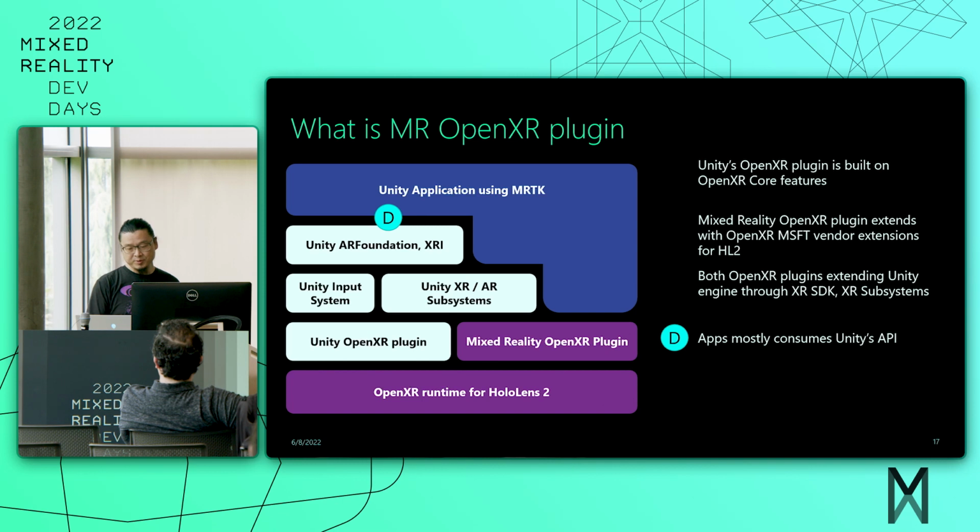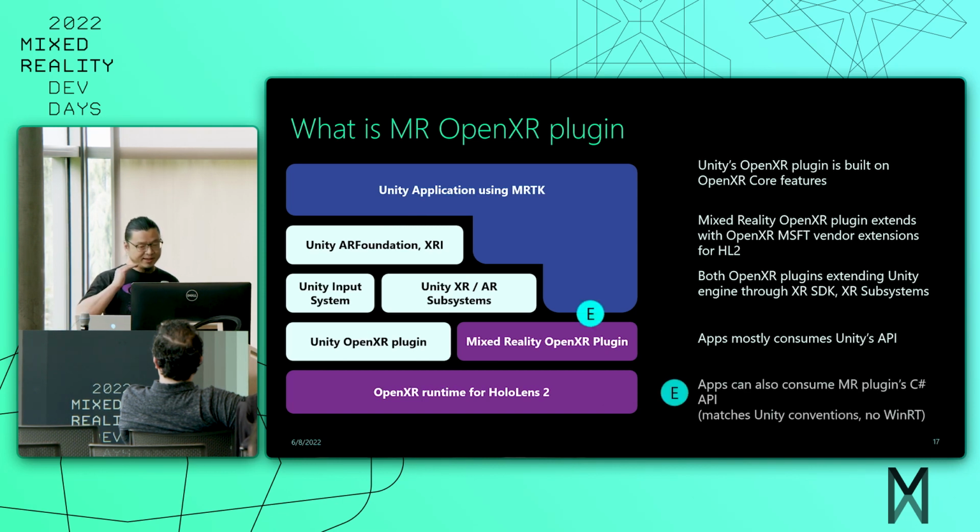But if you are building some special apps for HoloLens, you are likely to use special features such as anchors for world scale tracking, plane finding, or holographic app remoting, features that are unique to HoloLens. Then you are likely to need some new C# APIs that are specially designed for the mixed reality OpenXR plugin.